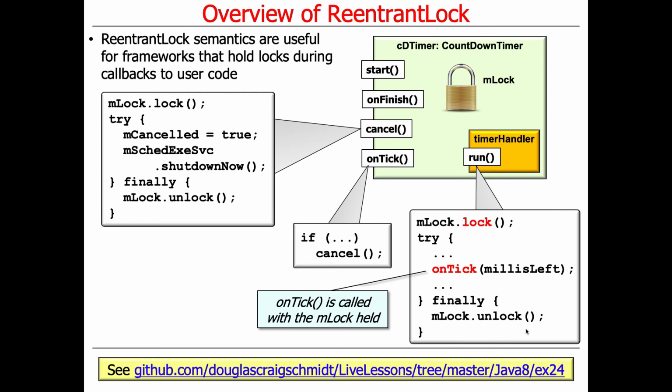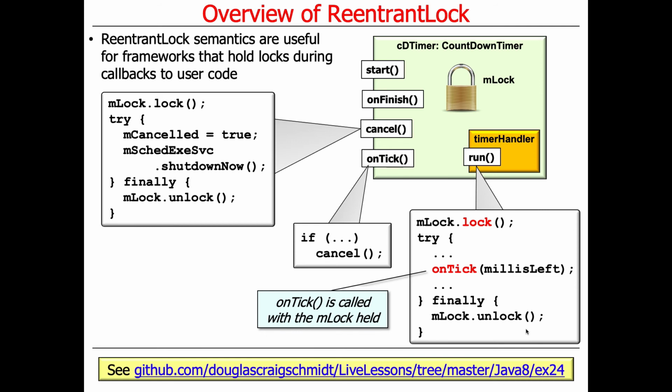So let's take a look at a simple example. This example comes from my ex24 folder at my GitHub account. And it uses something in Android called a countdown timer. And a countdown timer is a kind of a cool Androidism where you make an instance of a countdown timer, and you give it the initial tick count. Like you say, I want this thing to run for 30 milliseconds. And once every millisecond, I want it to call me back.